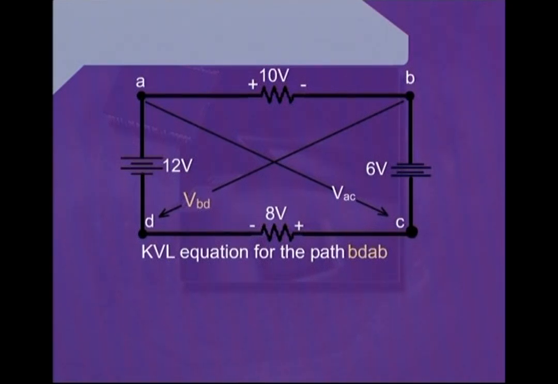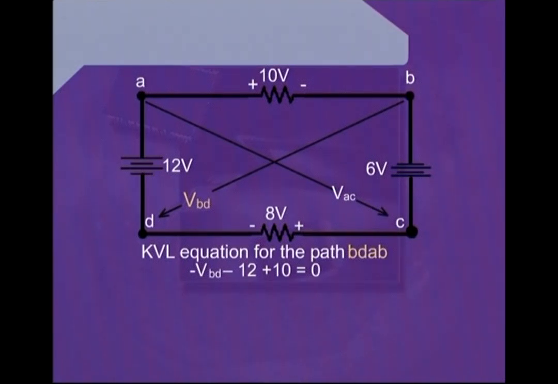Therefore, we write minus VBD. As we reach the point D, we will be looking towards the point A because we are following the alternative mesh.